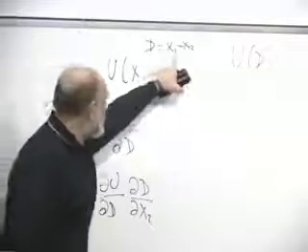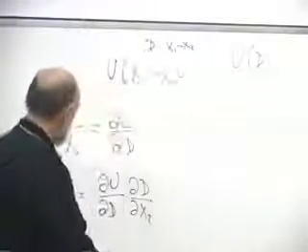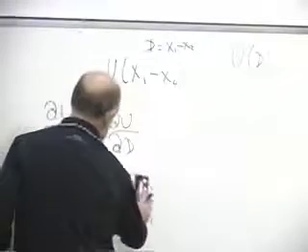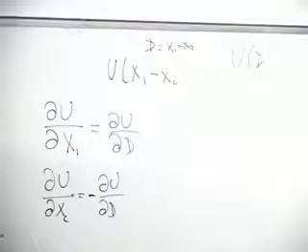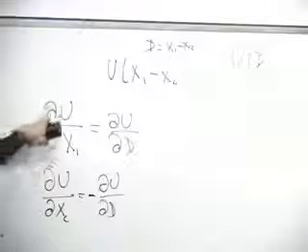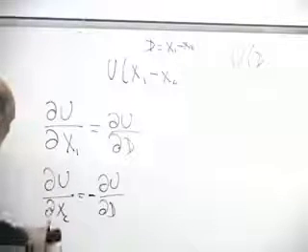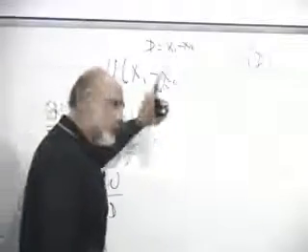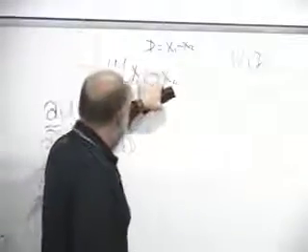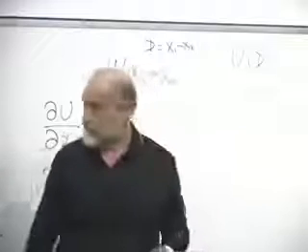The derivative of d with respect to x2 is minus 1. So there's a minus sign between them. The derivative with respect to one variable is minus the derivative with respect to the other variable. That's a consequence of the fact that it only depends on the difference between them.